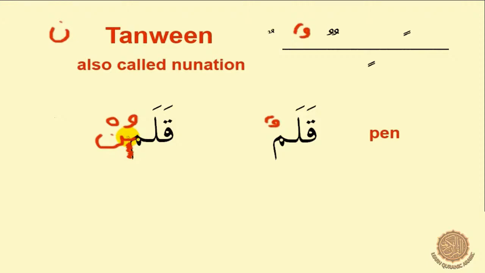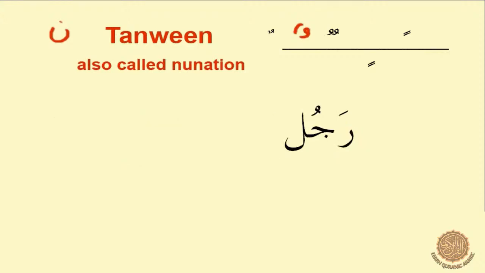Now, what does tanween indicate? The main thing it indicates is indefiniteness. So here, qalamun would be a pen. So here we have the word rajul, which means man. Now, if we want to say a man, we put tanween.